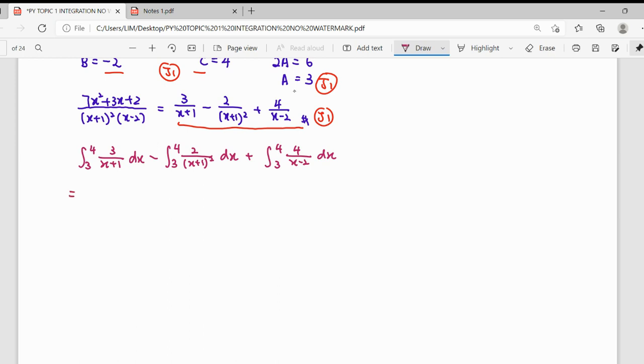Okay, then we can factorize. You can see we simplify our function here. We factorize 3. Then for this part, when we have denominator power of 2, so we won't make it at fraction form. We will rewrite it in power of negative.